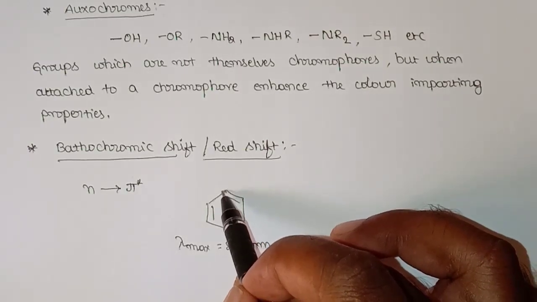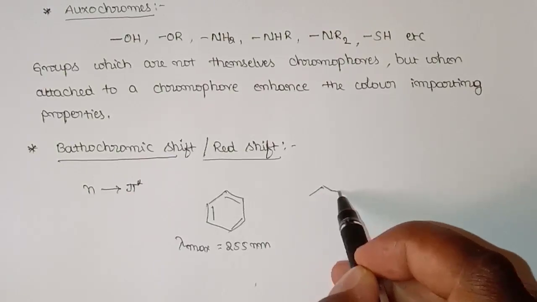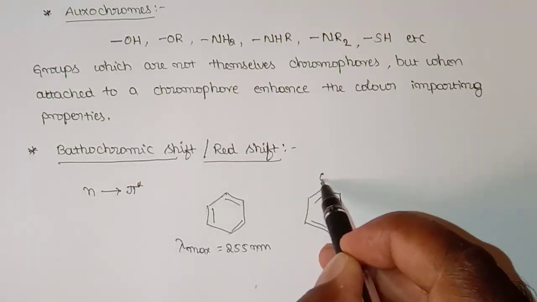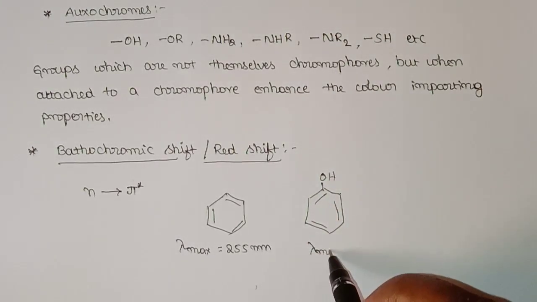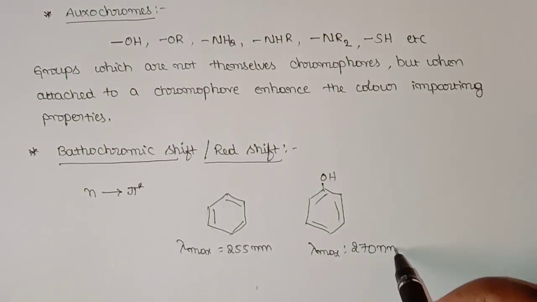If any one of the hydrogen atoms on the benzene ring is replaced by an auxochrome, say a hydroxyl group, then the lambda max of this molecule becomes 270 nanometers.